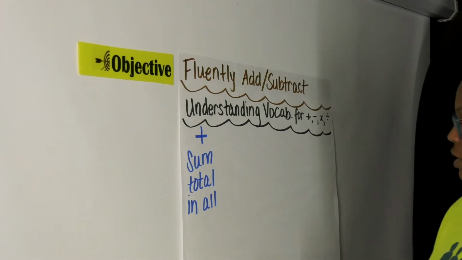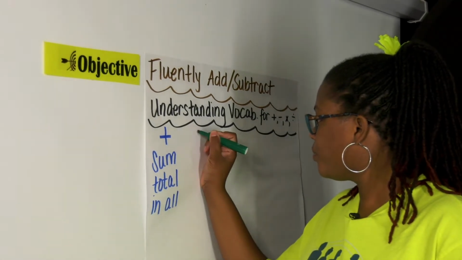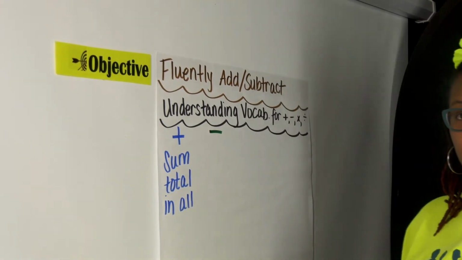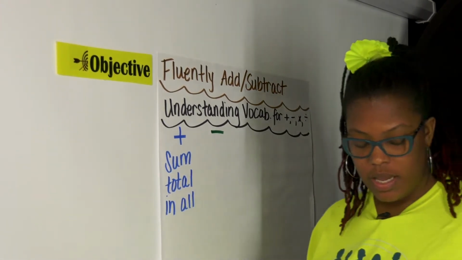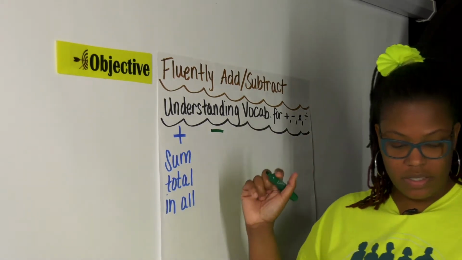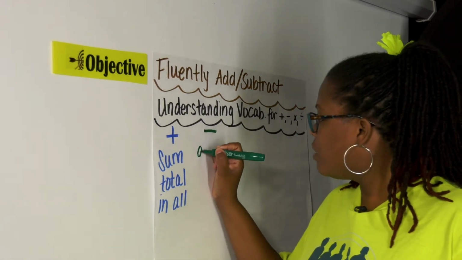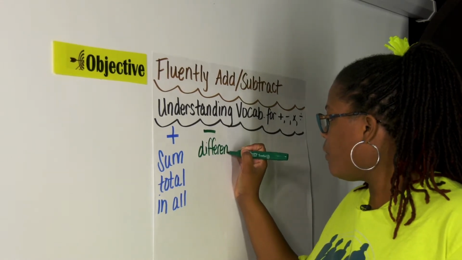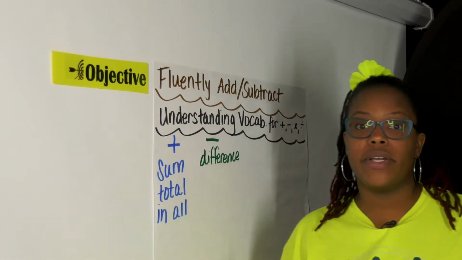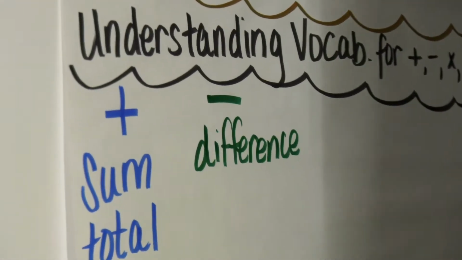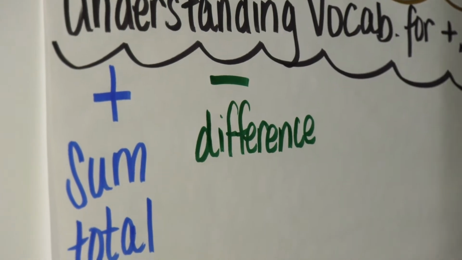So let's move on to subtraction. Okay, once again, we're reviewing phrases and vocabulary terms that you will see for the different operations. So we're on subtraction. One phrase you may see or term is the word difference. If the question said, what is the difference between two numbers, or it could be more than two numbers.